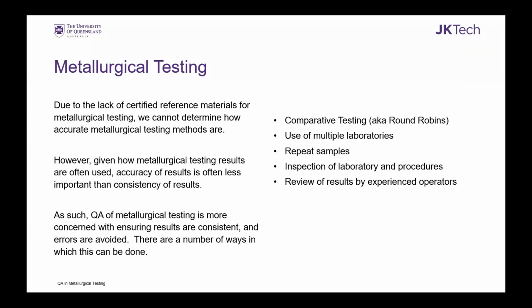The comment was made to one of the testing labs: why don't they change their liners to what they should be? And the response was that that would lead to a step change in the results they provide, and they're more interested in providing consistent results than changing to what may be a more accurate method.